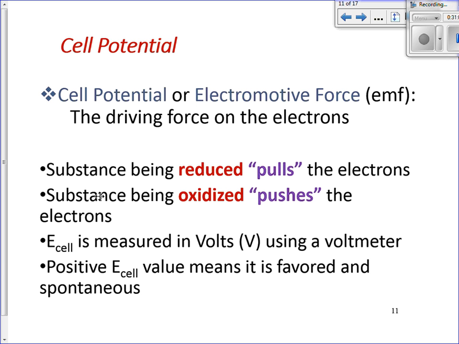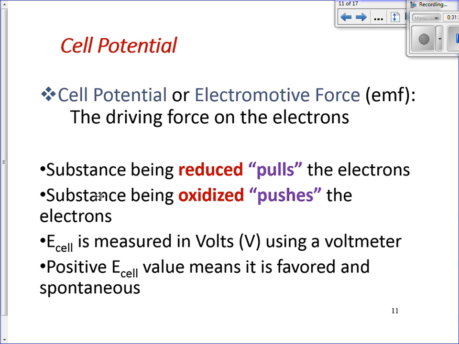Cell potential is also known as the electromotive force, EMF. That cell potential is going to tell you basically, during the reduction being pulling of the electrons, during the oxidation they're pushing the electrons, and you need to make sure you have enough pull and push force to make the electrons flow.